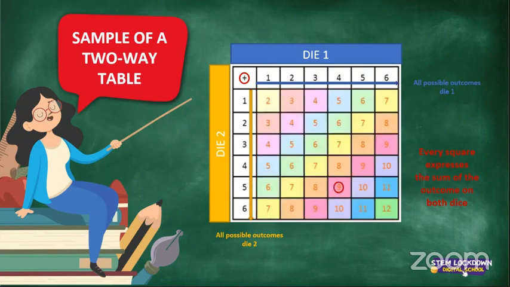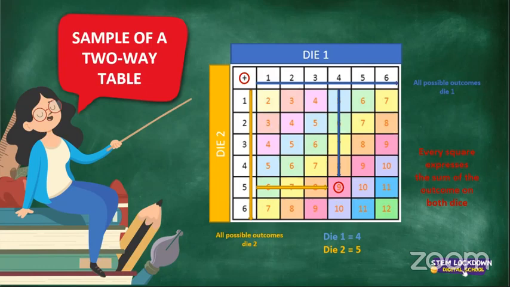Okay, so if we use an example, if we want that number 9, we know die number 1 was 4, and die number 2, 5. Can everybody see that? Yes, okay. A two-way table is very nice to see.